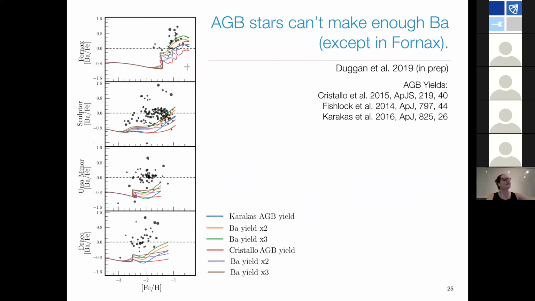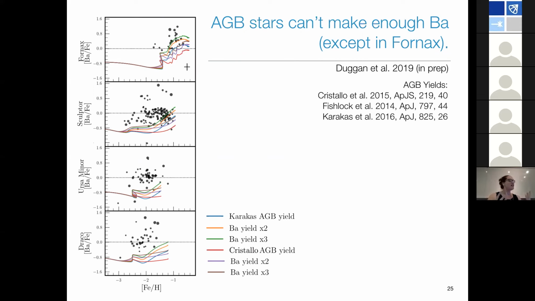And so here I have two different AGB yield models multiplied by a factor of 2 and 3. This is just to see if I crank up the yields of barium from an AGB star, can I recreate the observations?